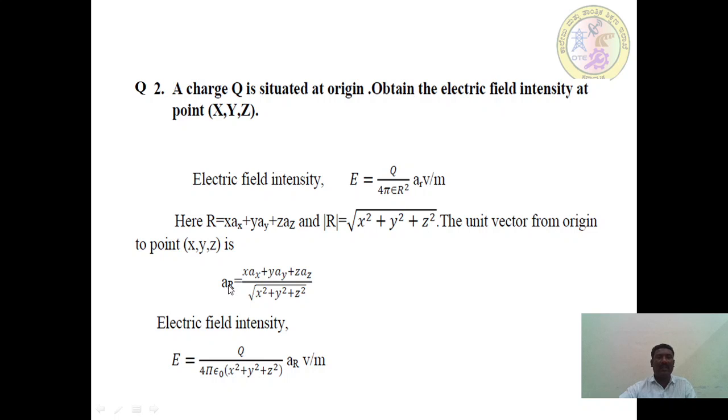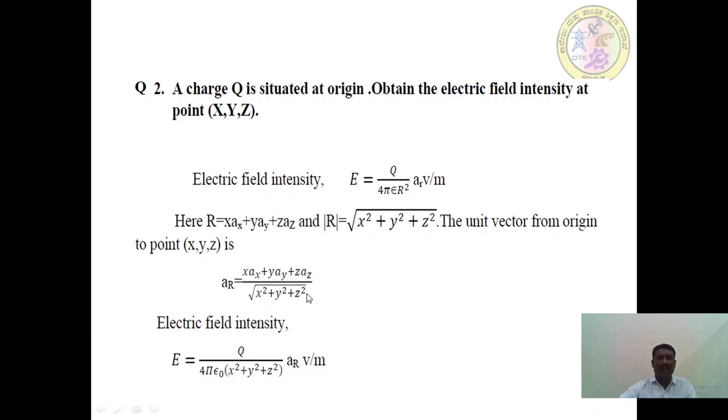aR is equal to the vector r divided by the modulus of r, or magnitude of r. You can place the value x ax plus y ay plus z az divided by the magnitude of r.